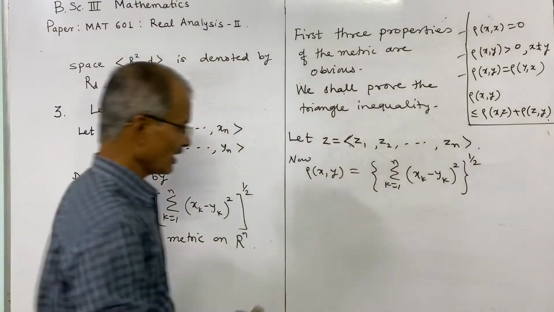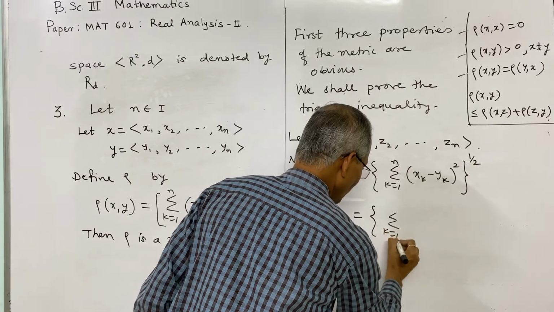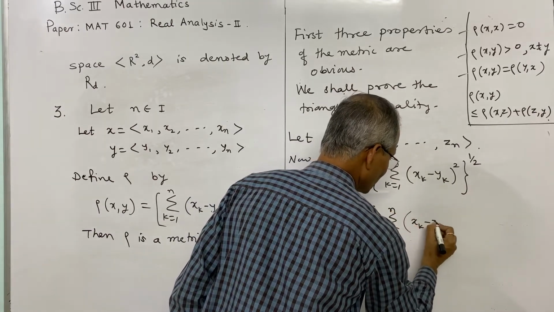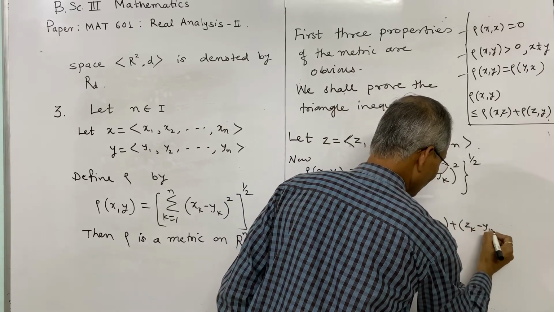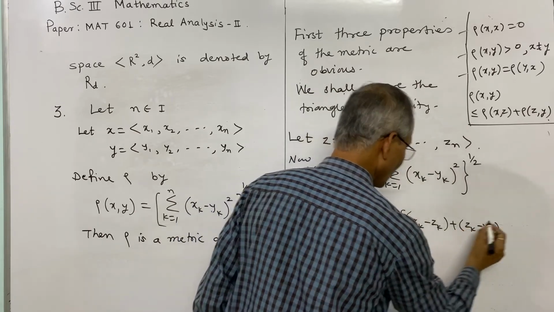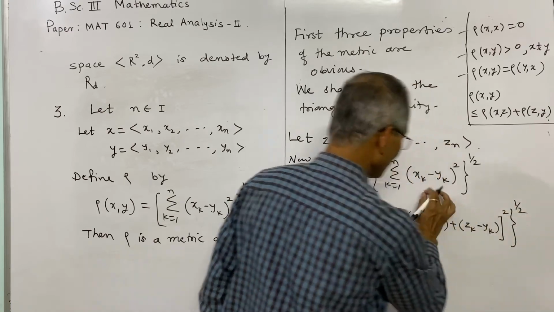We will write this as summation k takes value 1 to n, xk minus zk plus zk minus yk, and I will put this in a bracket. See, both are the same.